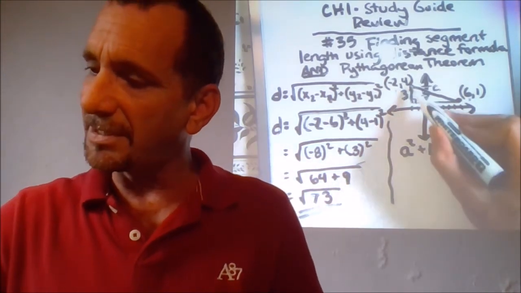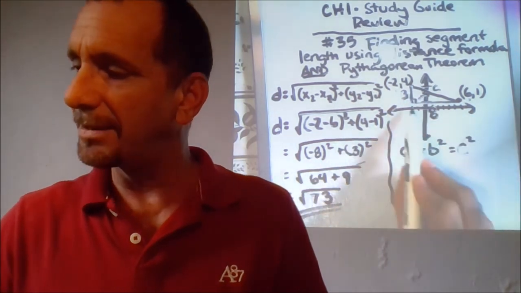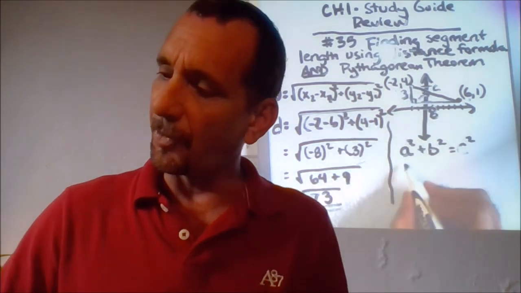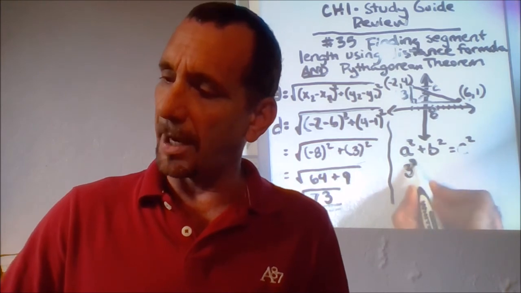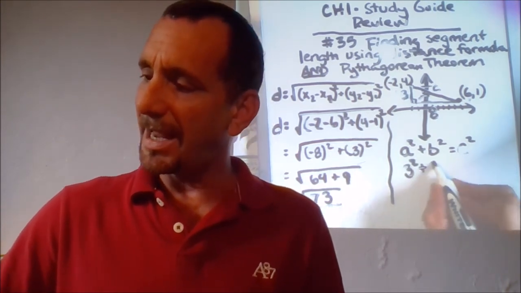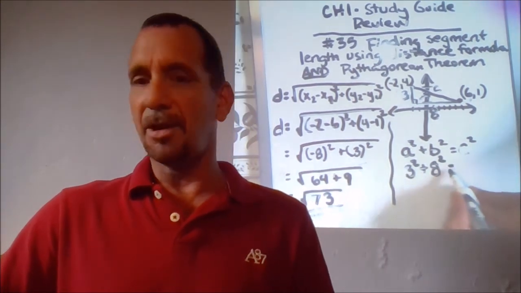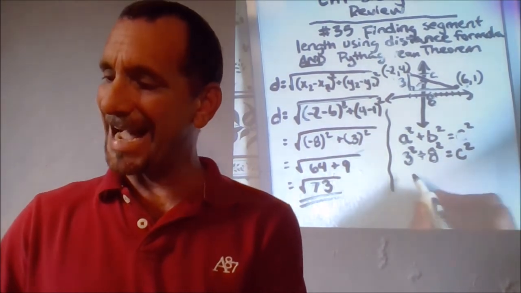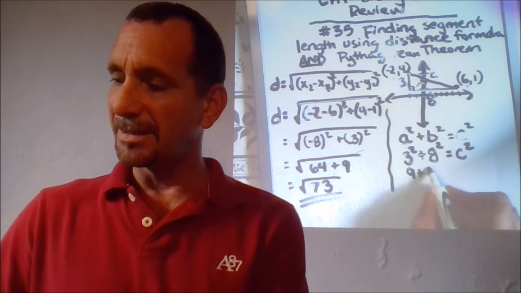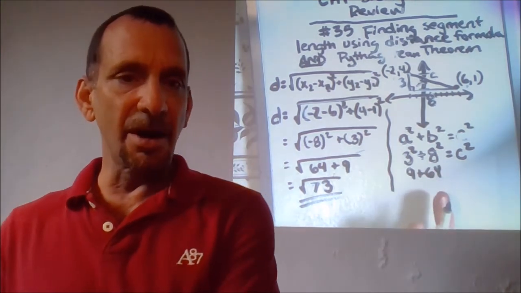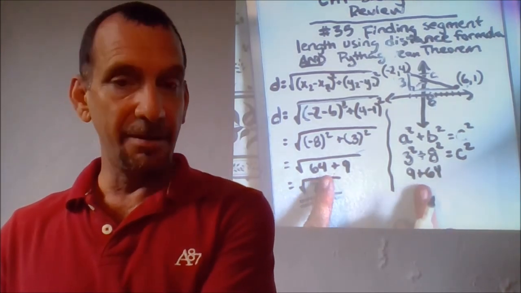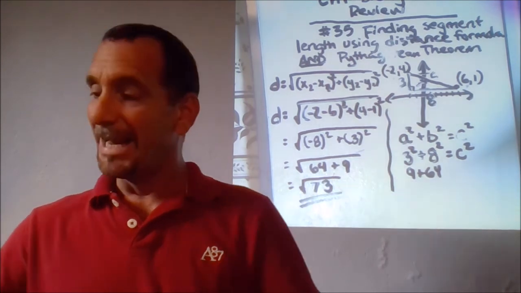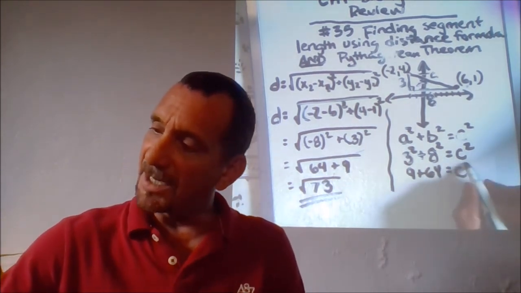I did the difference in the y's. I'm going to add the difference in the x's. So I'm going to do 3 squared plus 8 squared equals c squared. 9 plus 64 is starting to look very familiar. And that equals c squared.